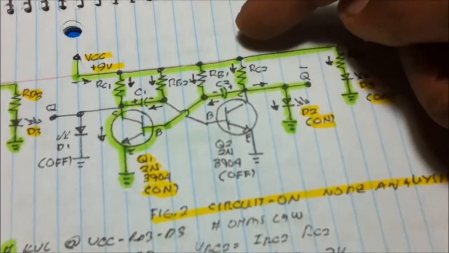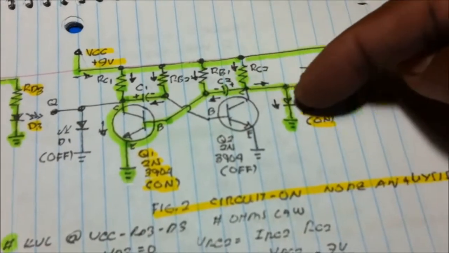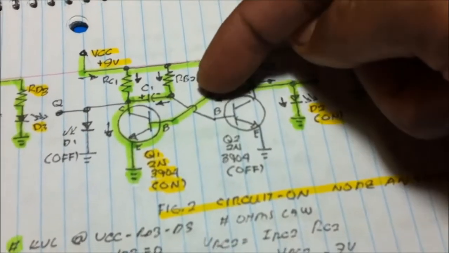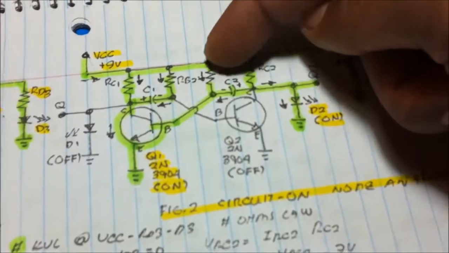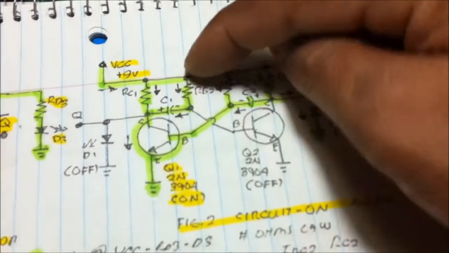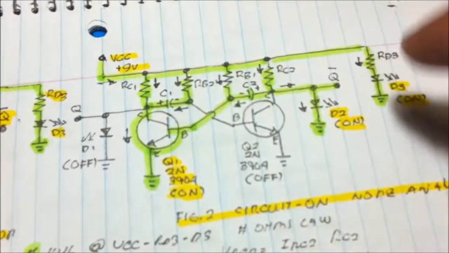Because once you power on the circuit, current flows here to the LED, charging the capacitor. Also, there is a current flowing here, providing a continuous power supply, and also current flows into the capacitor.